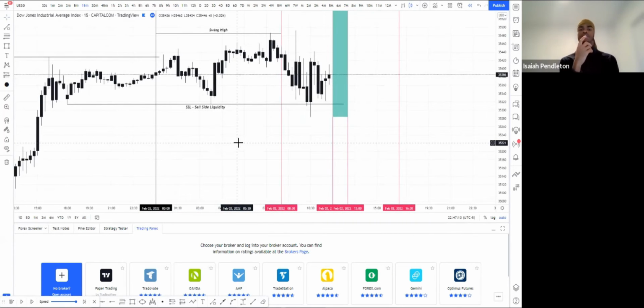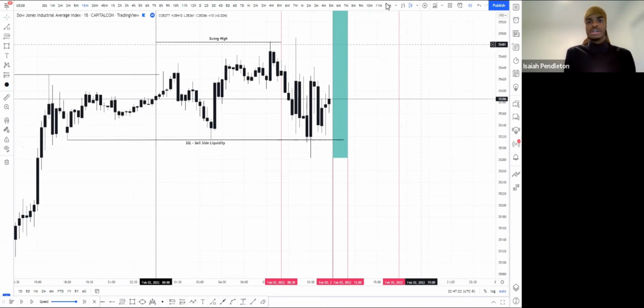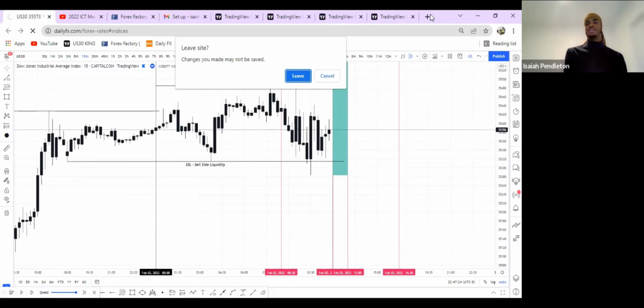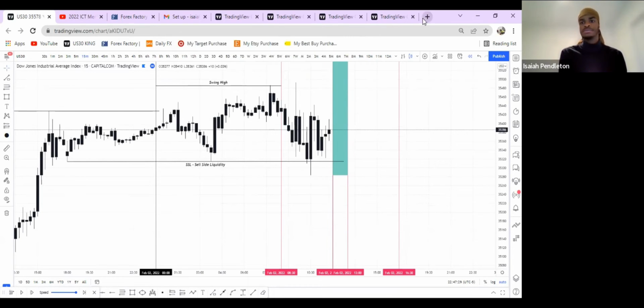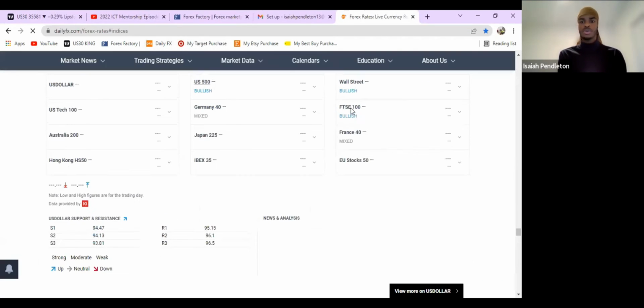But understanding that my bias is going to be a buying direction, because in the sentimental analysis, here you go to the daily FX that will show you the daily bias for US 30.